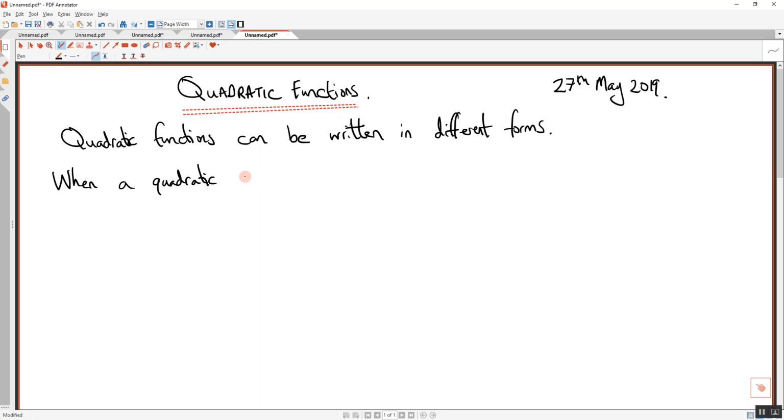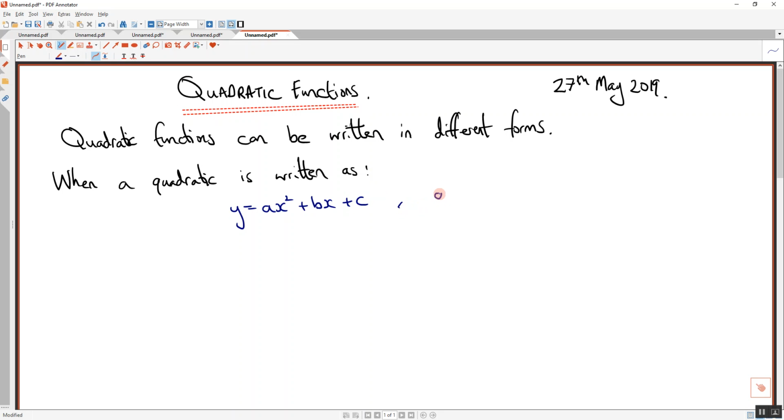Quadratic written as, so this will be the most popular kind of form, the one that you're most used to. Y is equal to ax squared plus bx plus c.